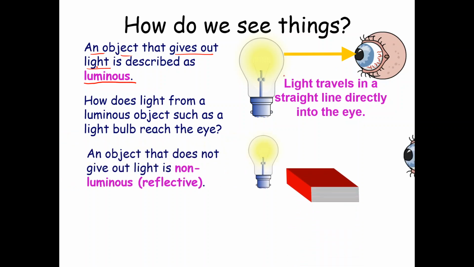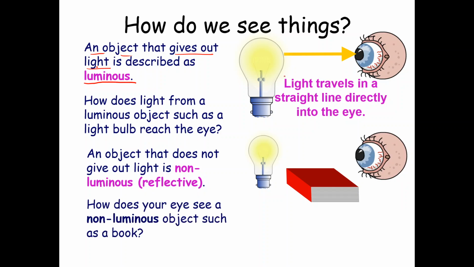Okay, so what is an object that doesn't give out light? Okay, so any object that does not give out light, we say is non-luminous. Okay, now how do we see those objects if they don't give out light? Well, the other thing about them is that they are generally reflective.